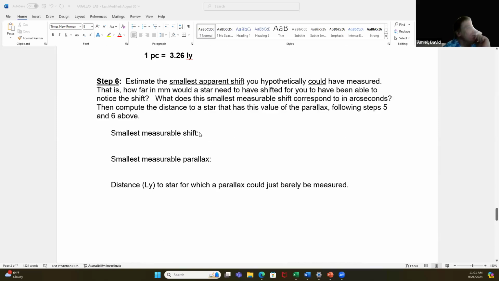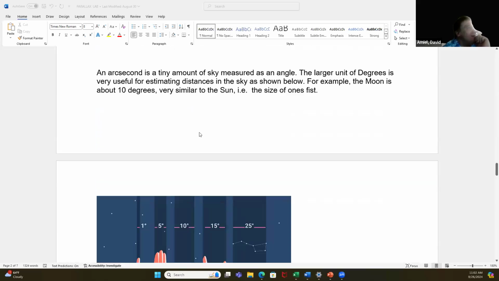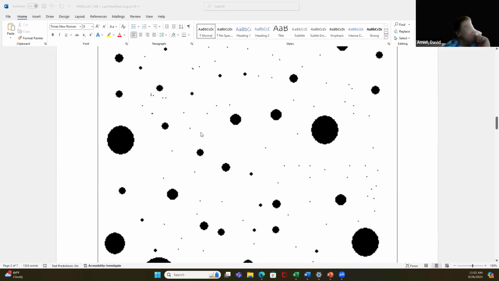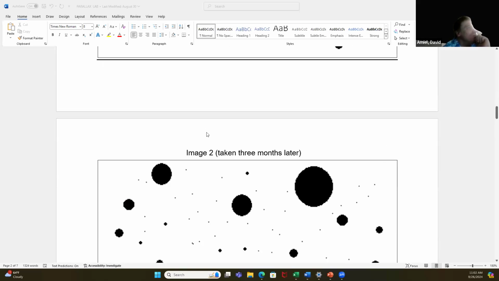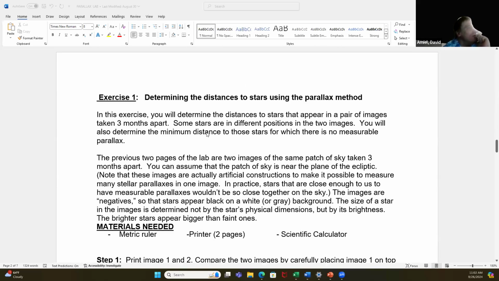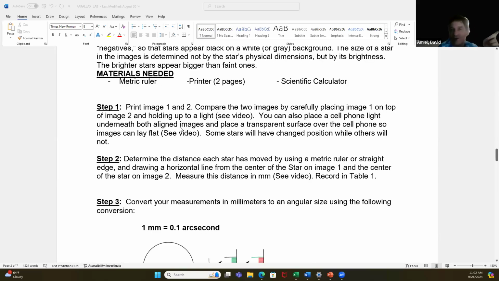Well, actually, now that I think about it, you do not need to print out any page other than image one and image two, because you can fill the rest of these out electronically and submit it electronically. You don't have to submit your printed out pages of image one and image two.